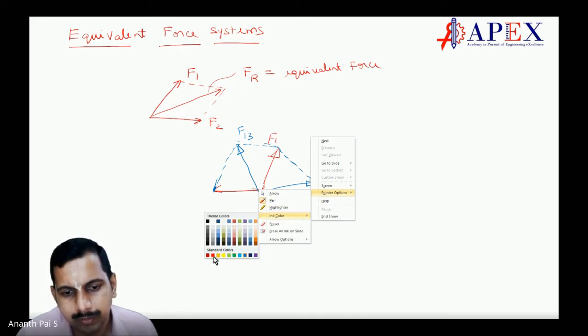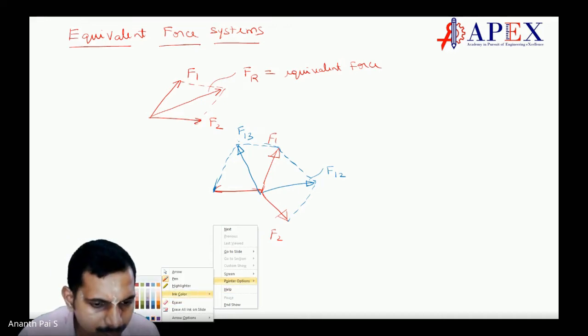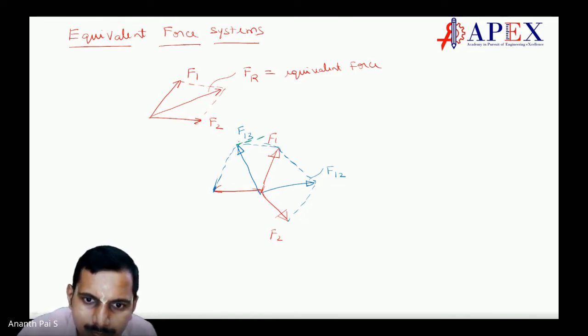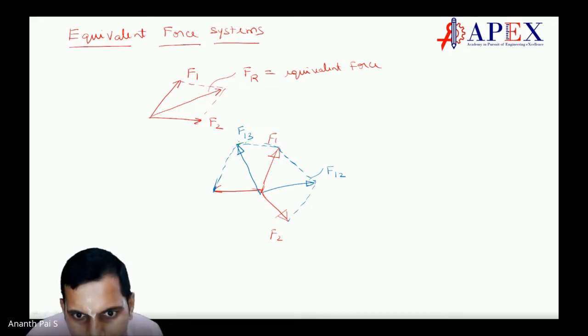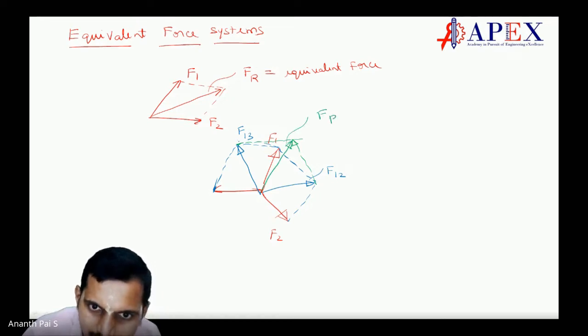Then you can have the resultant between those two as the total resultant, correct? This is the F resultant.